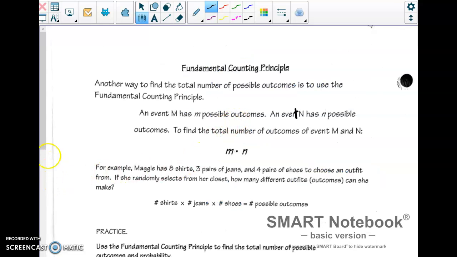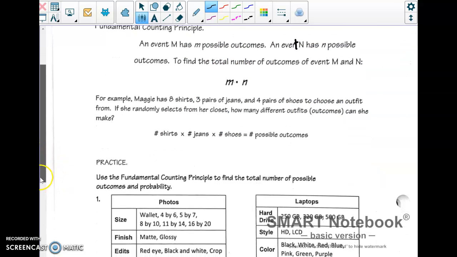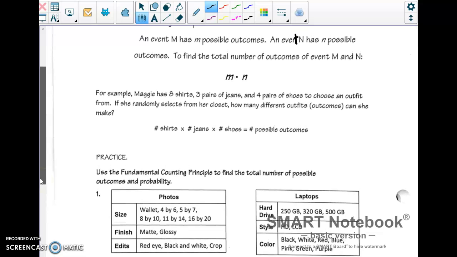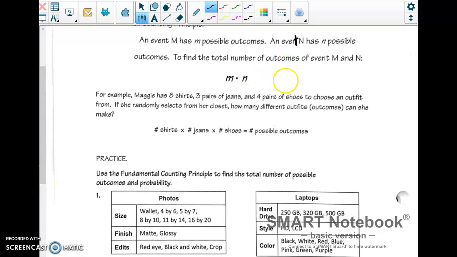So if we look at this example, it says Maggie has 8 shirts, 3 pairs of jeans, and 4 pairs of shoes to choose an outfit from. She is just randomly going to select from her closet. So how many different outcomes can she make? You take the number of outcomes for shirts, she has 8 shirts, times the number of jean options she has, 3 pairs of jeans, times the number of different shoes she has, which is 4.